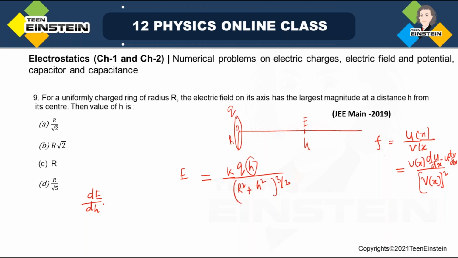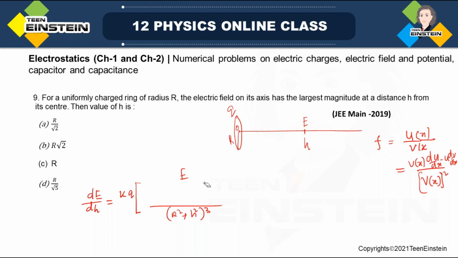dE by dh is equal to, see, k and q are constants, I'm not bothering about them, let them be outside. Here, this is the v function, (r square plus h square) whole to the power 3 by 2, and the square of that will be the cube.